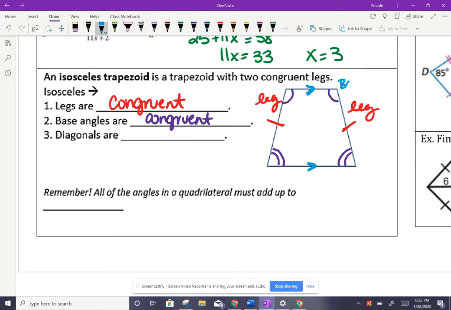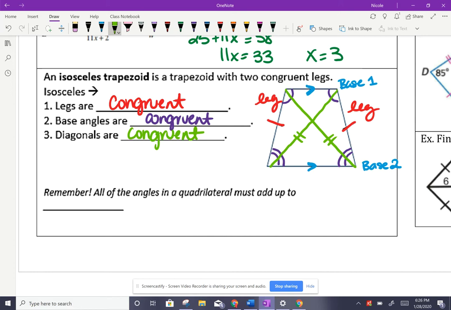We have base 1 and base 2, and the 1 and 2 doesn't really matter. It's just to keep them straight from each other. And if we create diagonals, those diagonals are also going to be congruent. So if I cut a diagonal here and a diagonal here, these are congruent to each other. So lots of congruent things.